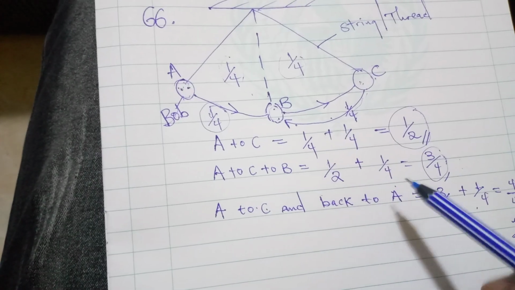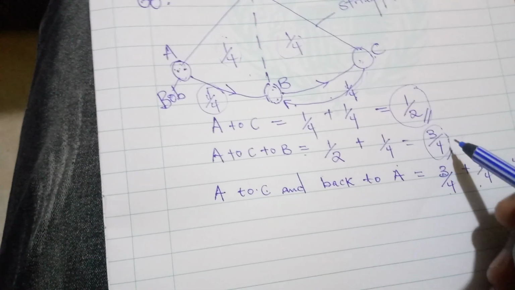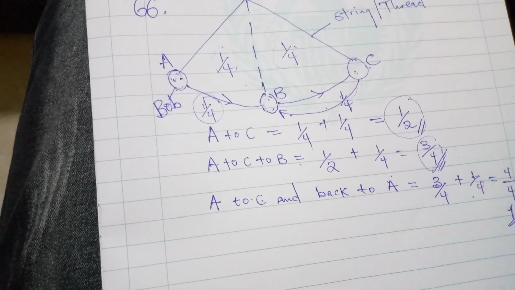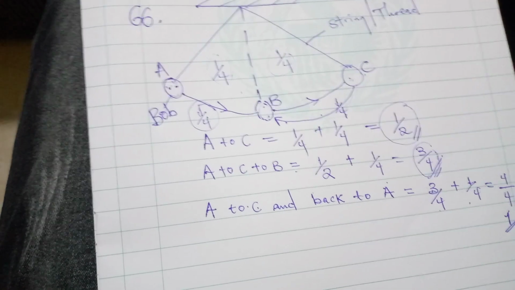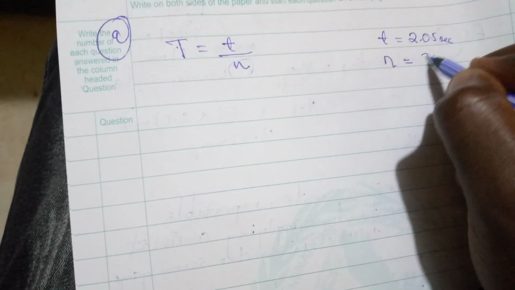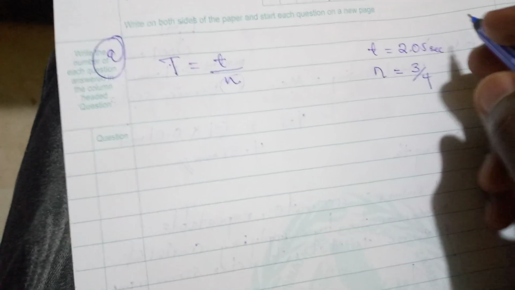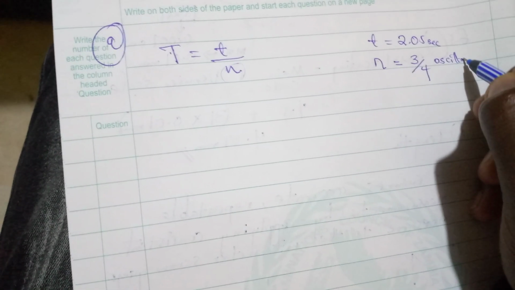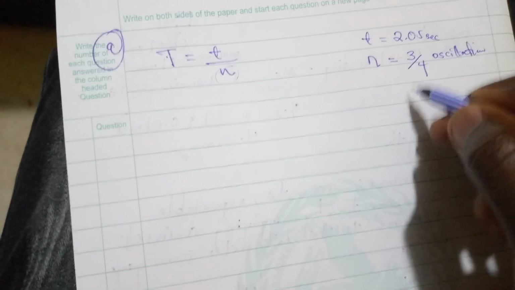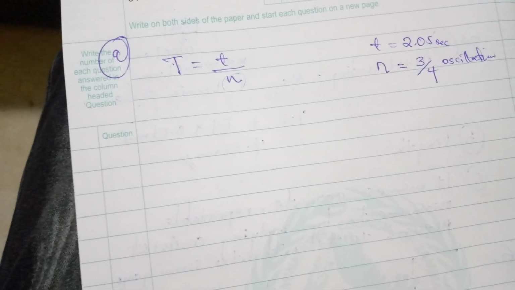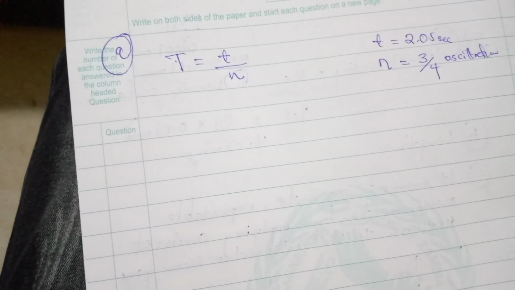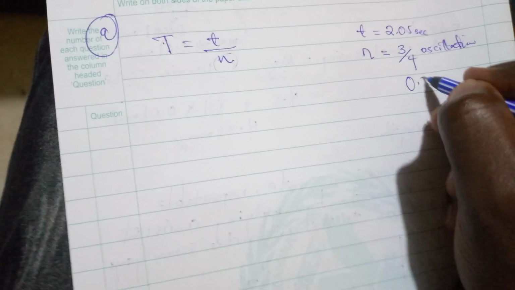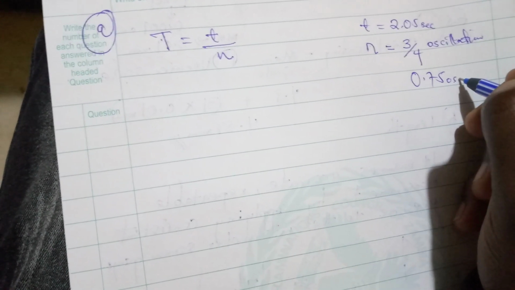So we are going to consider the second one, which is 3/4, to be our number of oscillation. So that is 3 over 4 oscillation. If you want, you can divide. So 3 divide 4, you are going to obtain 0.75 oscillation.